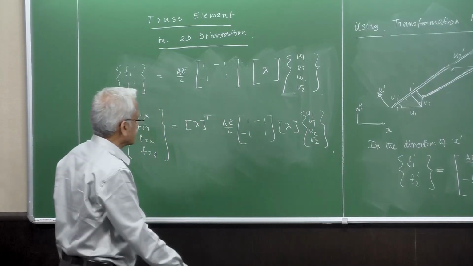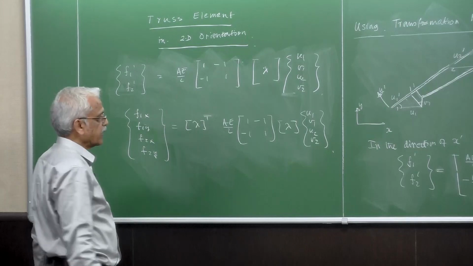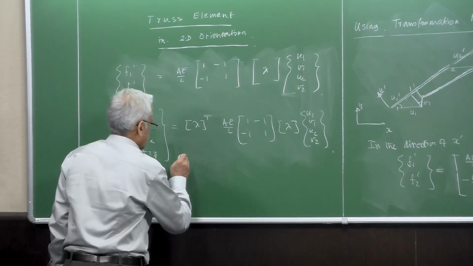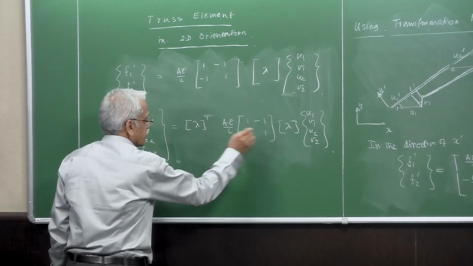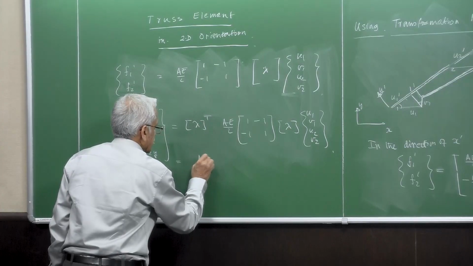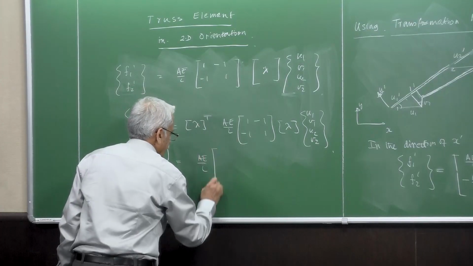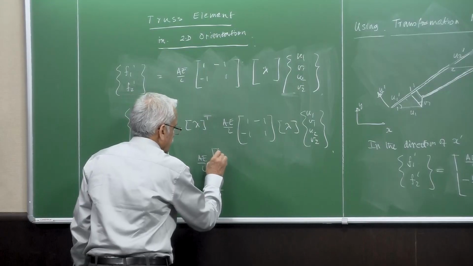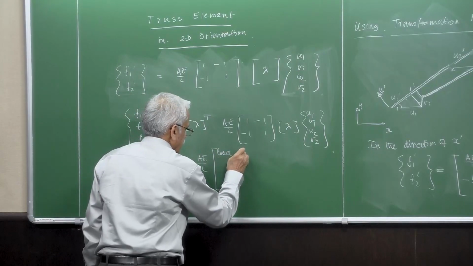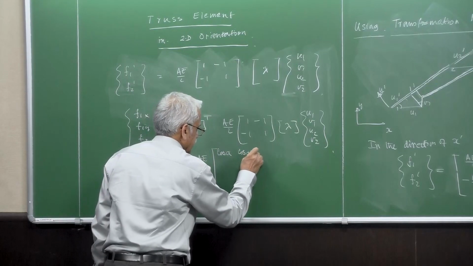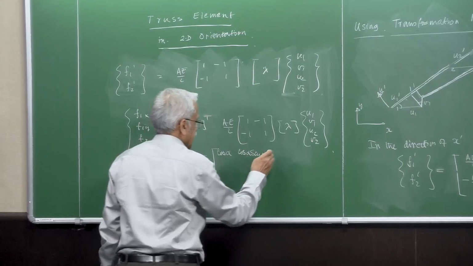If you multiply everything together, it simply becomes cos square alpha, cos alpha sin alpha, exactly the same thing as what we got earlier.